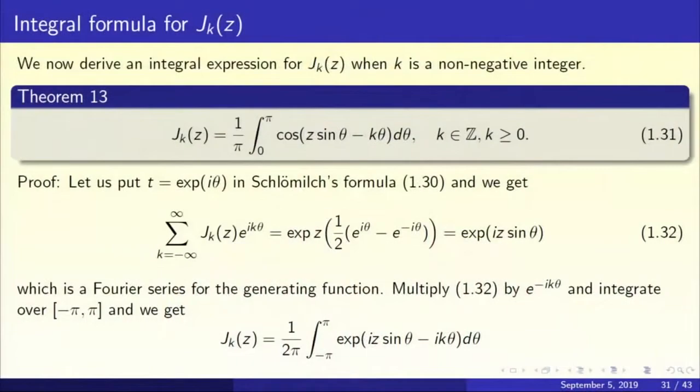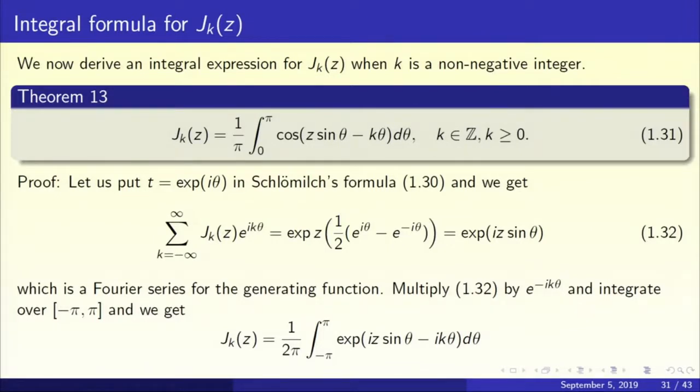We are going to derive an integral representation for these Bessel functions J_k(z). So what is the integral representation for the Bessel function J_k(z)? That you see as theorem 13. J_k(z) equals 1/π times the integral from 0 to π of cosine of (z sine θ minus kθ) dθ, for integer values of k and k non-negative.